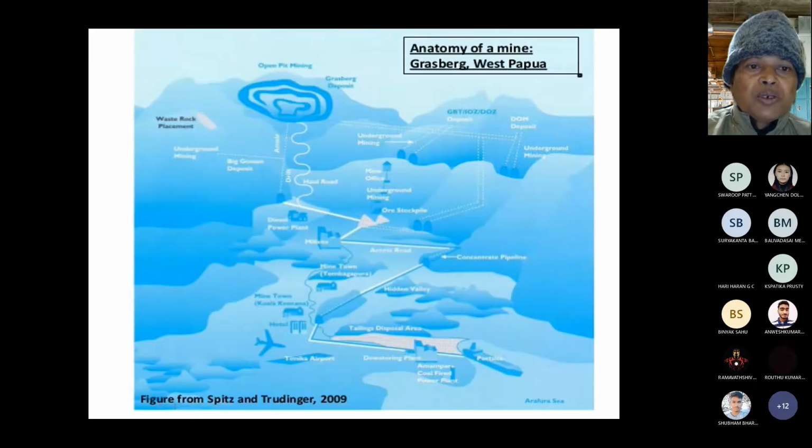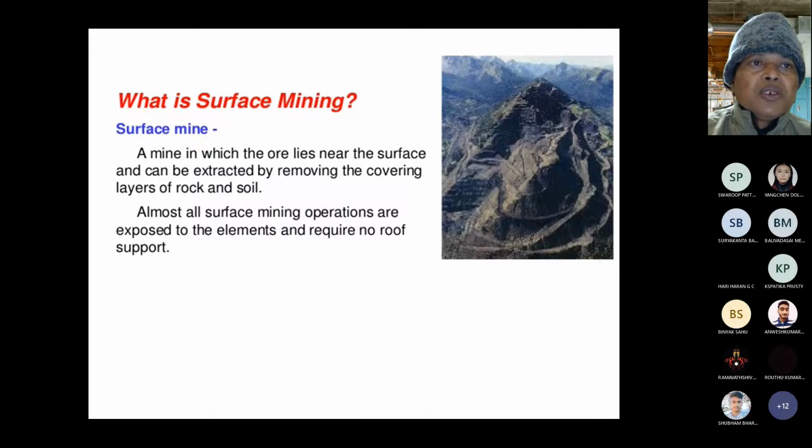Also, we have discussed what is surface mining.